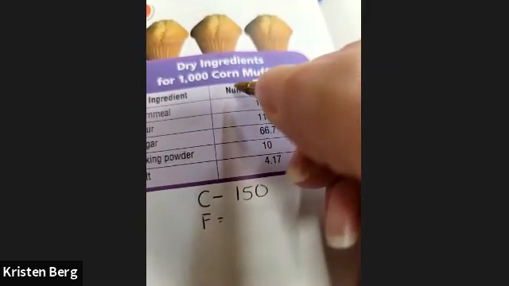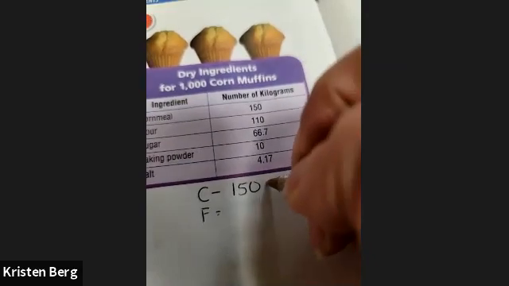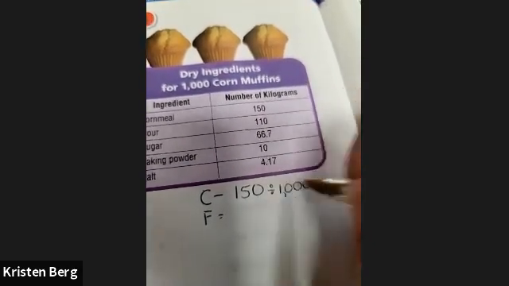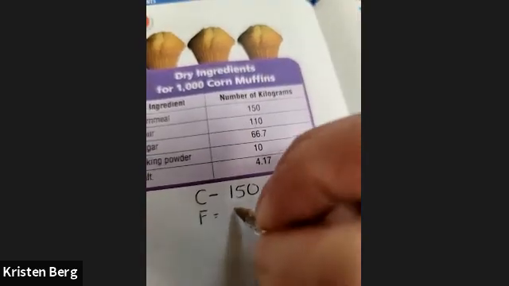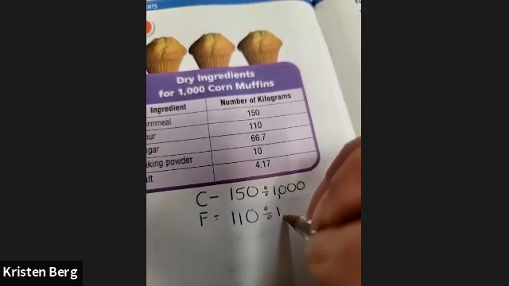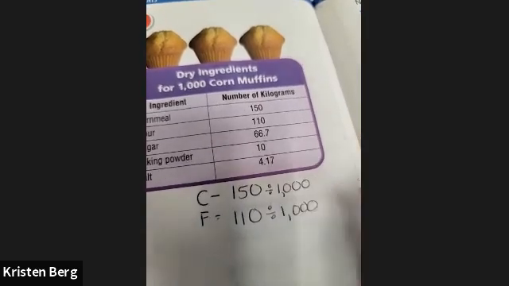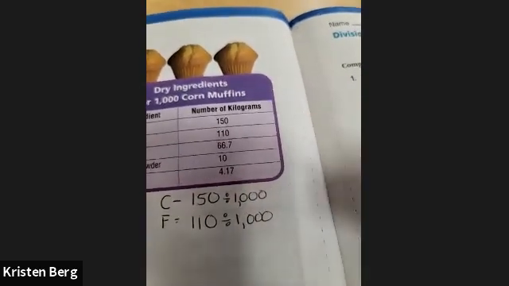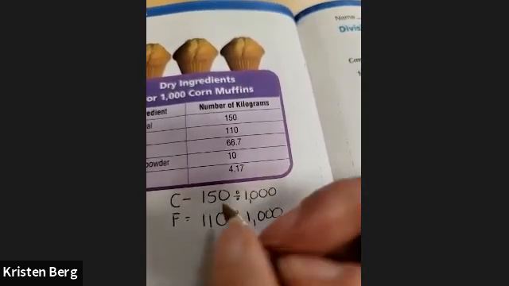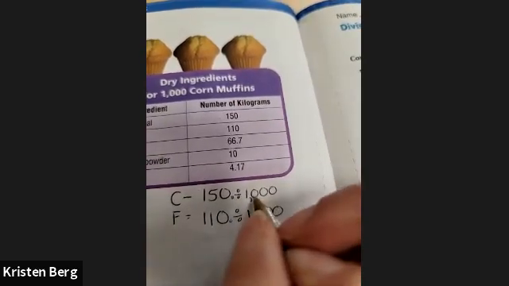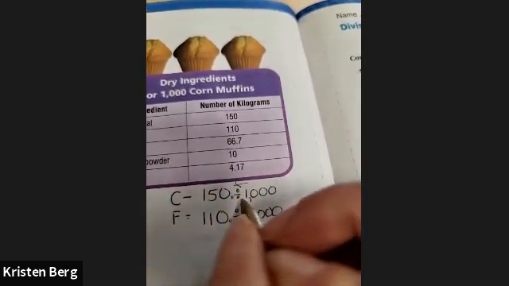So in order to do that, I would have to take my cornmeal and then my flour. Now remember, cornmeal is 150 kilograms, but that's for 1,000. So if I want to just figure out one, that means I would have to divide it by 1,000 to figure out just one. And then same with the flour. It was 110, but that was for 1,000. I just want one. So to figure out one, I got to divide it 1,000 ways. So in order to do so, remember, where is your decimal starting off? They're both at the end. And this one means you're going to make it smaller.